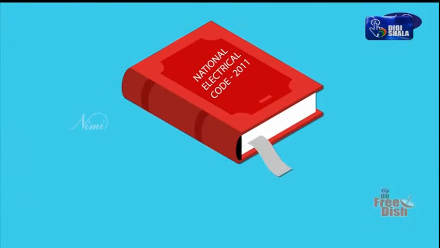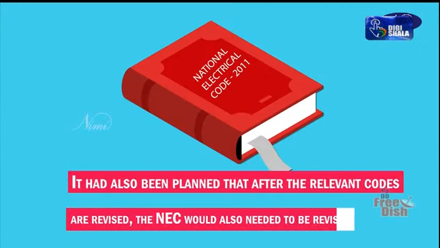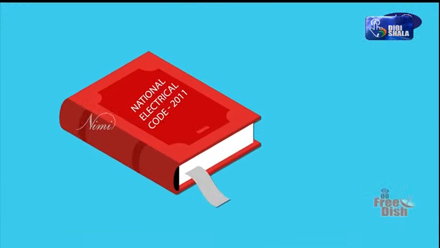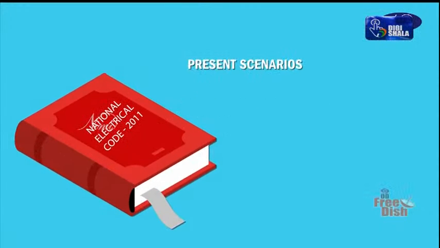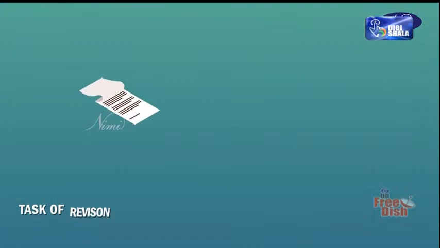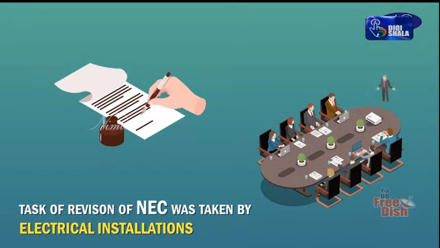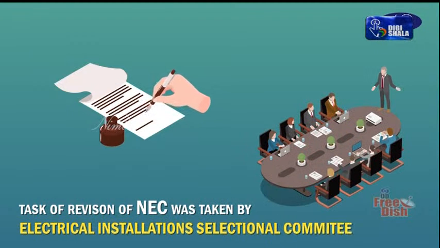It had also been planned that the relevant code is revised. The National Electrical Code has also been revised. In the present scenario, there is a vast variance from the National Electrical Code which was formulated in 1985. The task of revision of NEC was taken up by the Electrical Installation Sectional Committee.